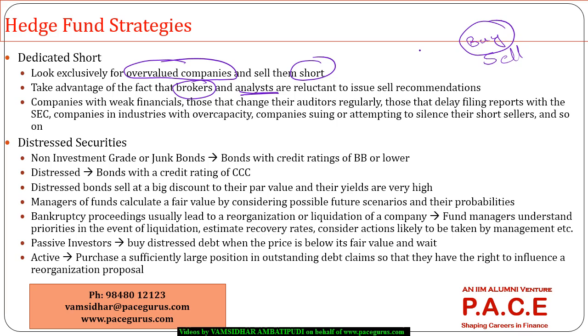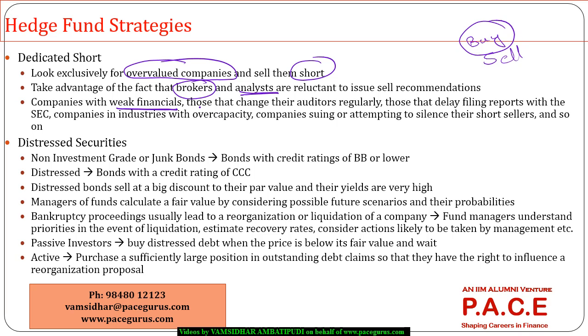This is what the hedge fund managers take advantage of, because the regular analysts don't give sell recommendations that easily. The hedge fund managers look at those securities which are heavily overvalued and initiate sell transactions on them. Some of the things they focus on: companies having very weak financial statements.